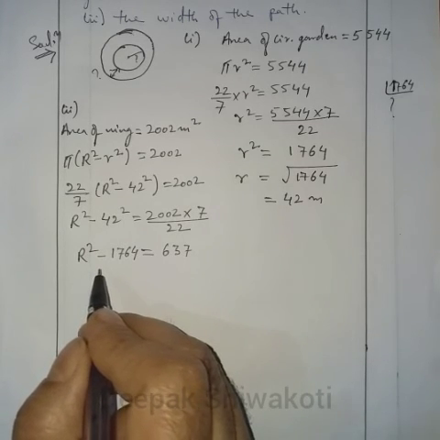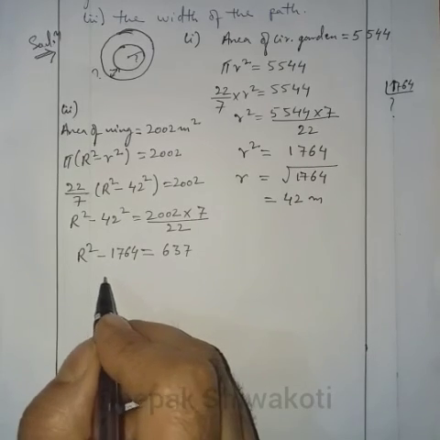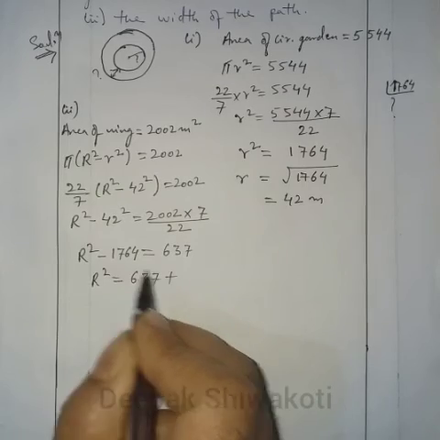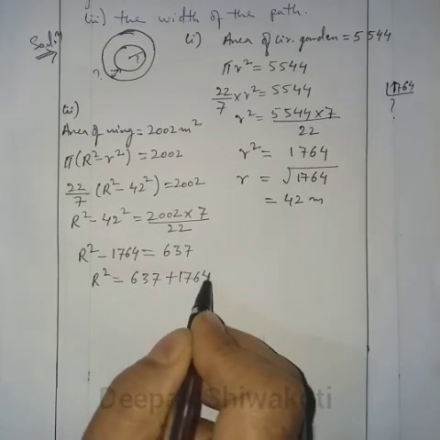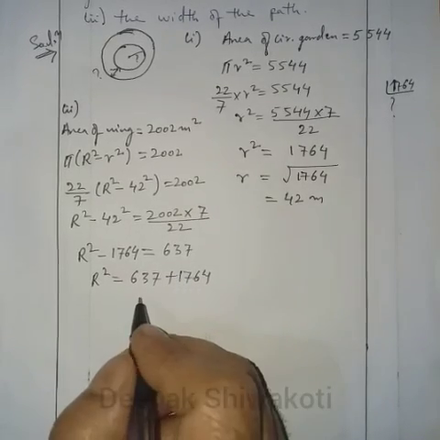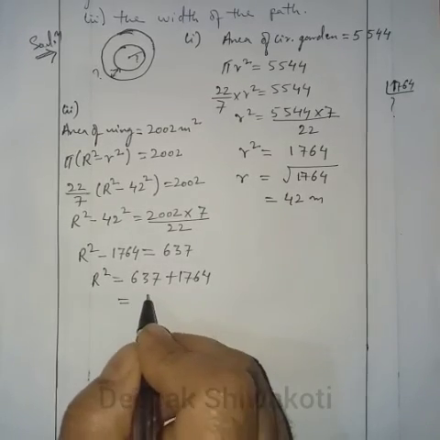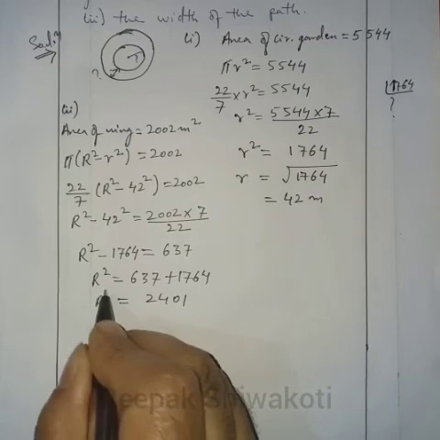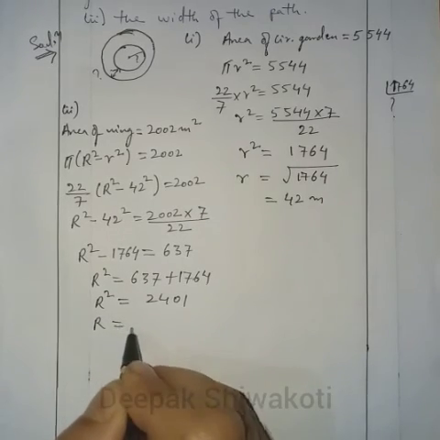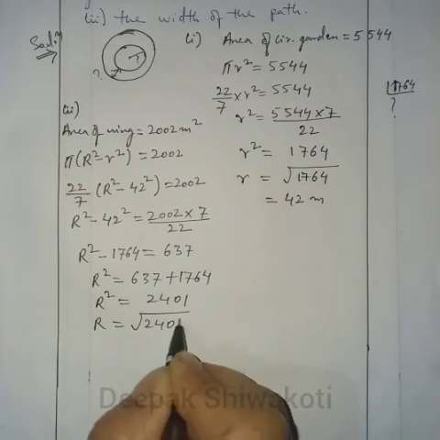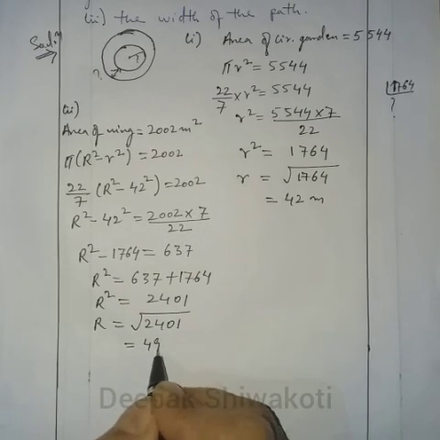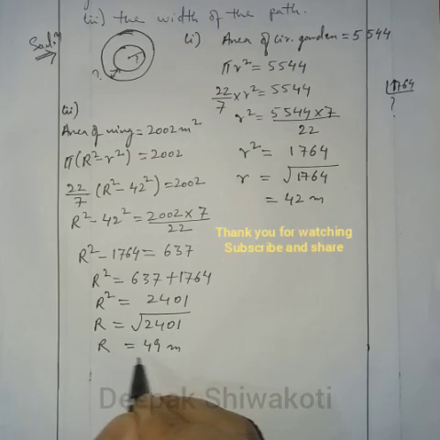R² will be equal to this plus this, which is 2401. So R is the square root of 2401. The square root of 2401 is 49 meter. This is the capital R.